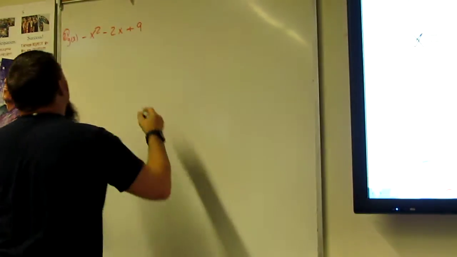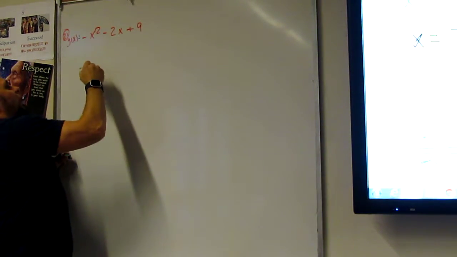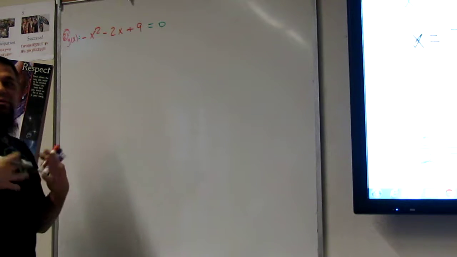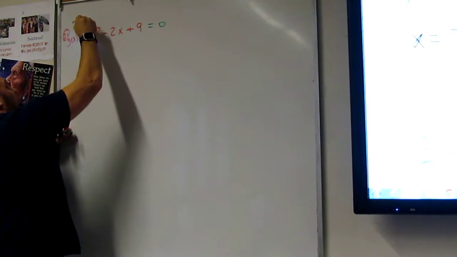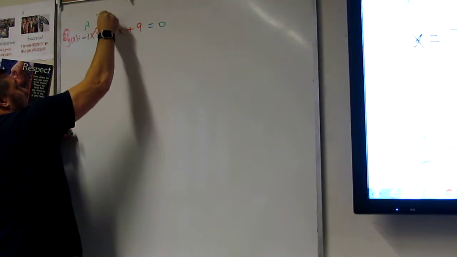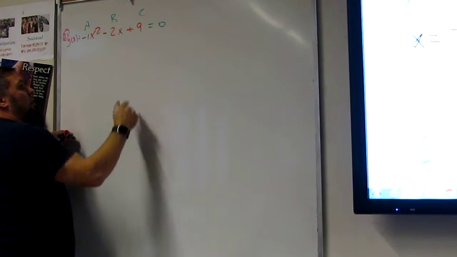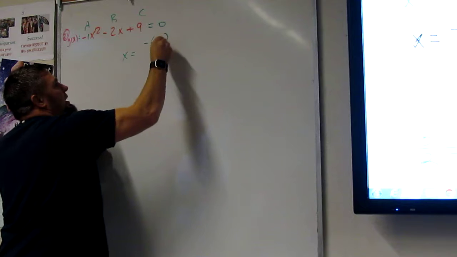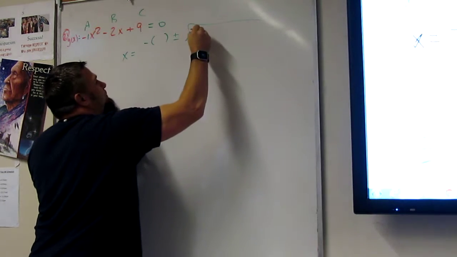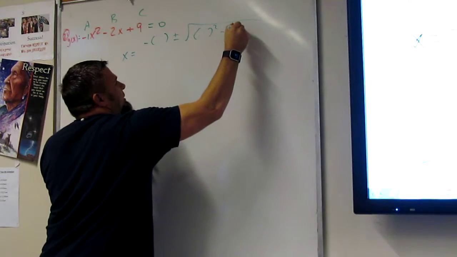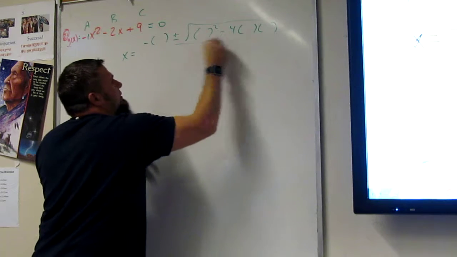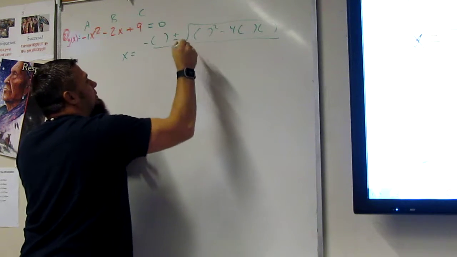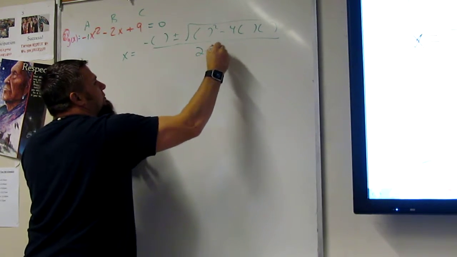Okay? Problem number 21 says this. I'm going to set this equal to 0. I have an A, B, and a C, whereas x is equal to negative b plus or minus the square root of b squared minus 4ac all over 2a, right?